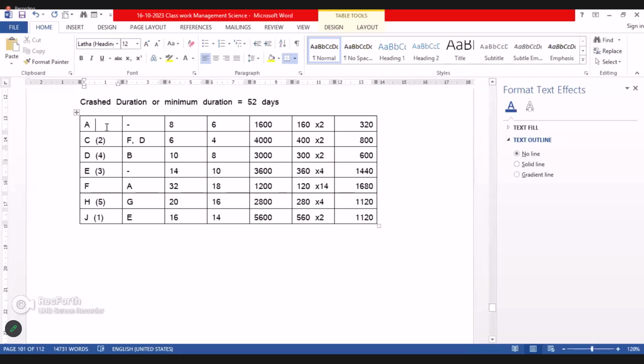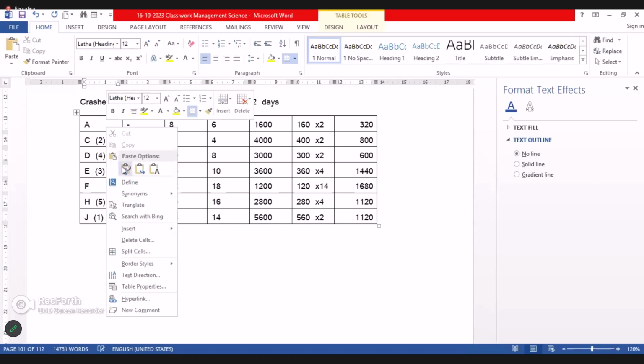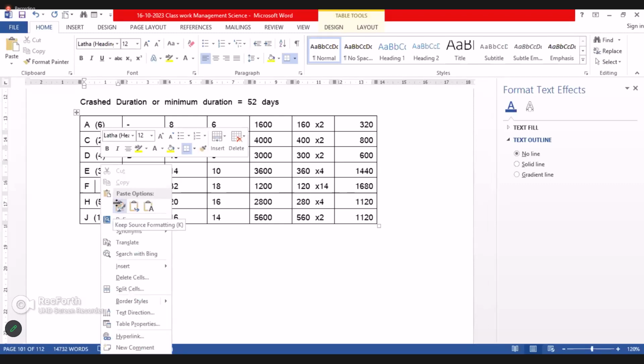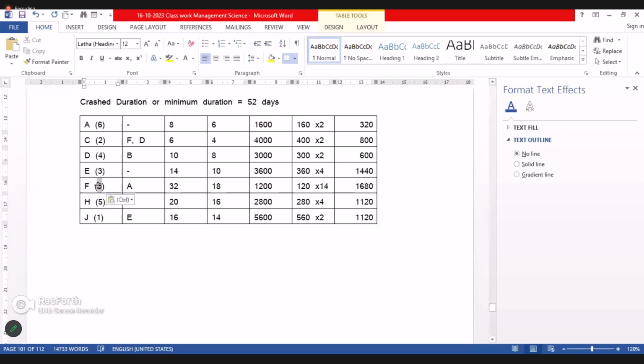A is the sixth one. This is the seventh one. This is the very lowest one.